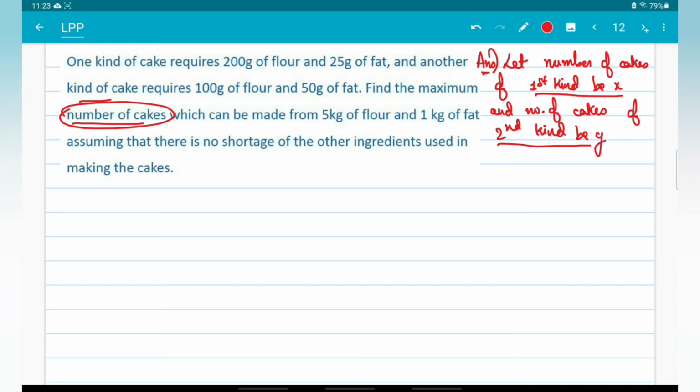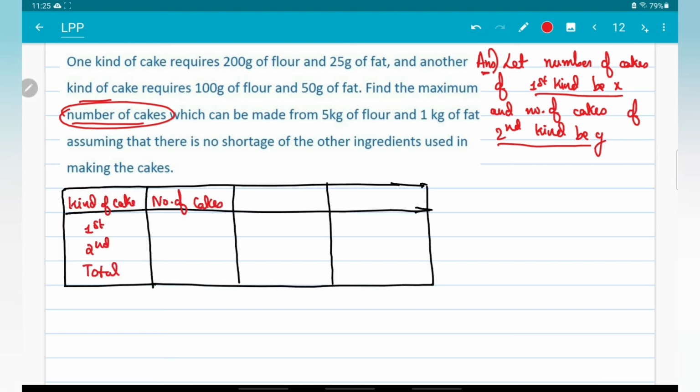Now we will make a table and put in all the values, and then we will make the inequalities. Let me make the table first. We will tabulate all the values in this table. We have the two kinds of cakes: the number of cakes of first kind we took as x, and the number of cakes of second kind we took as y.